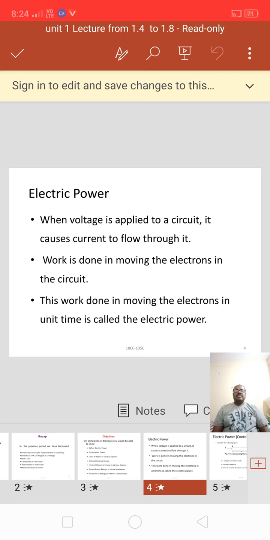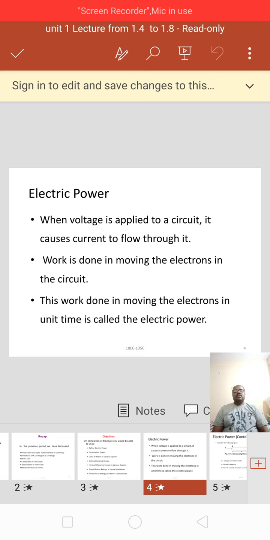Electron movement, that is, electrons move from negative to the positive of the battery, and current flows from positive to negative. This work done in moving the electrons in unit time is called electric power.